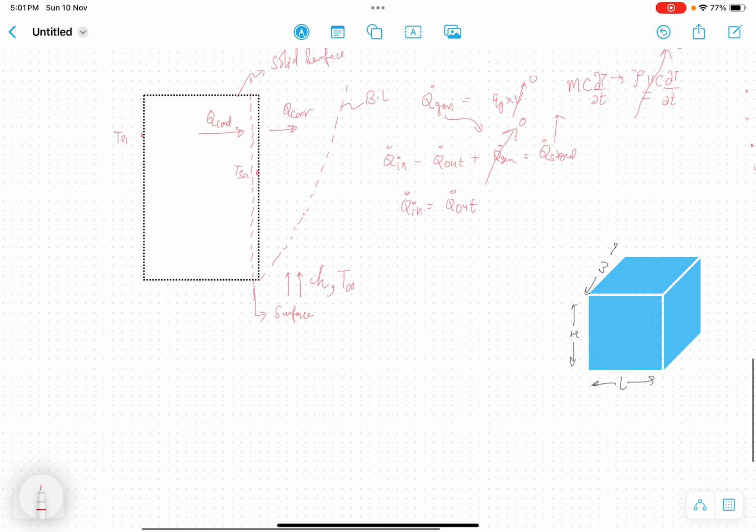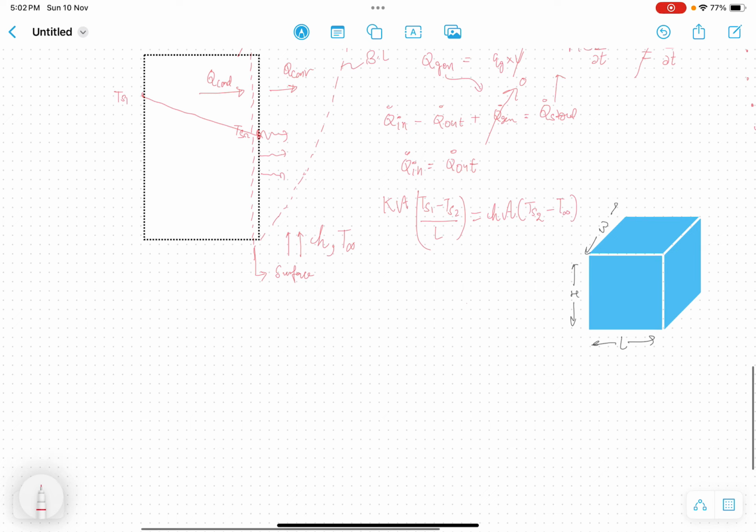Q that is coming into the surface is by conduction, so we can write it with the average temperature gradient. Let's say it is linear between the two surfaces, just for simplicity: K times A times the temperature gradient, which is nothing but Ts1 minus Ts2 divided by L, equal to the heat convecting away by the fluid, which is nothing but H times A times Ts2 minus T infinity.